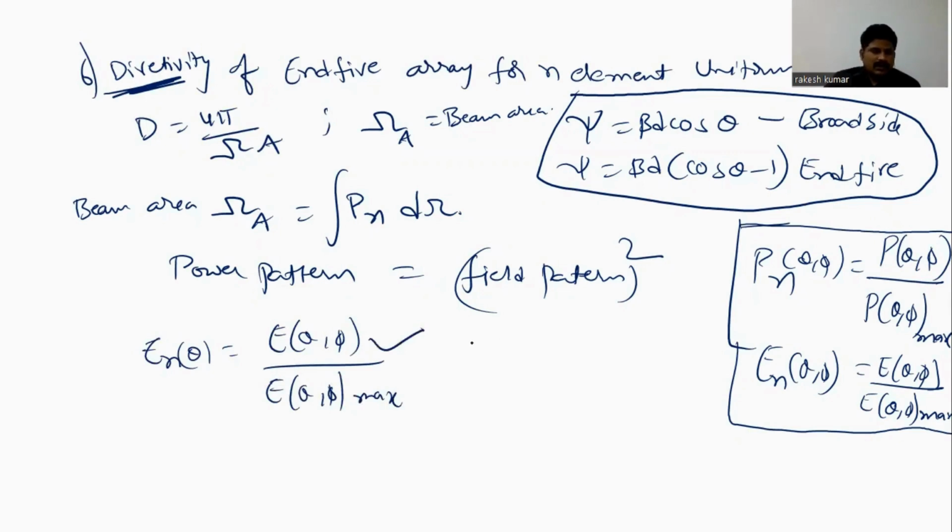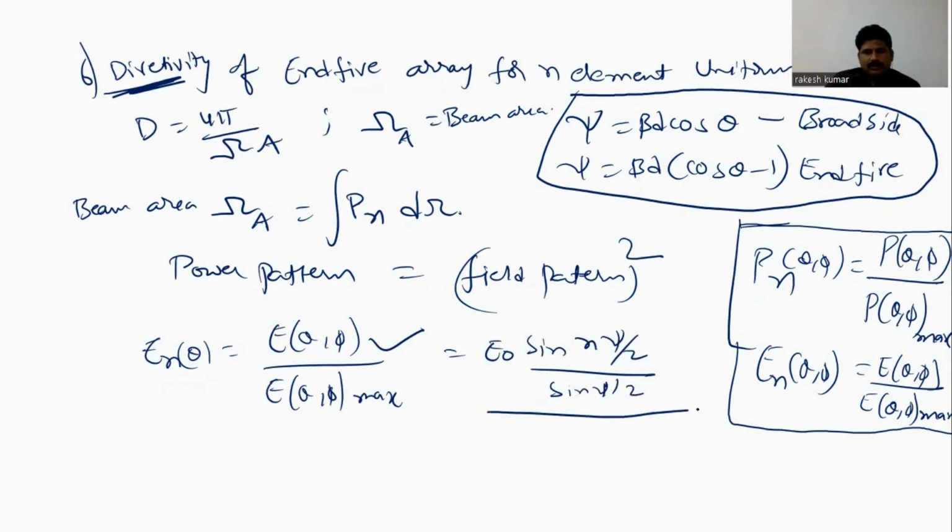So what is the value of E of theta comma phi? We have to write for an N-element array. It is E naught into sine N psi by 2 by sine psi by 2. So this is the value of E of theta comma phi. What is the value of E of theta comma phi max? We have derived that |E total| by E naught is equal to N. Therefore, E total maximum value is N into E naught. So this is E max.